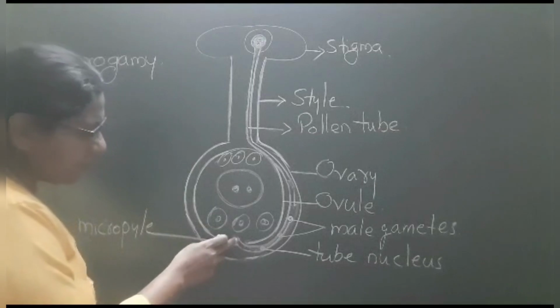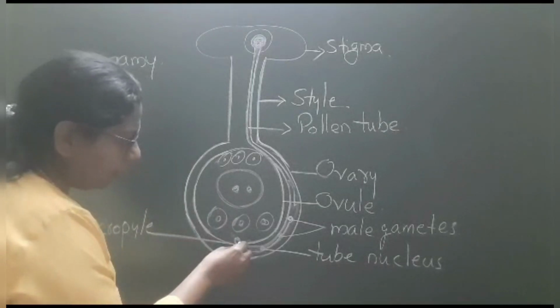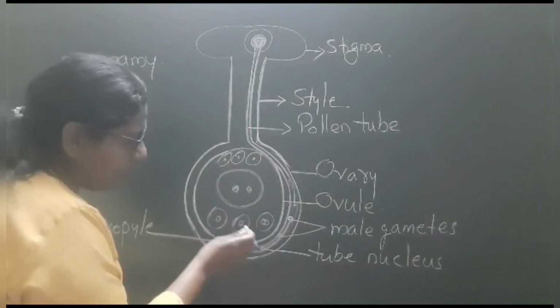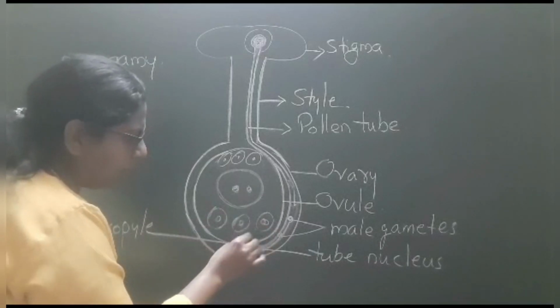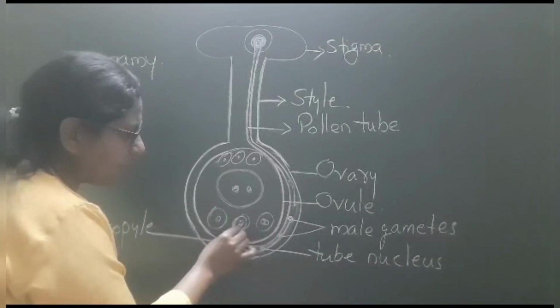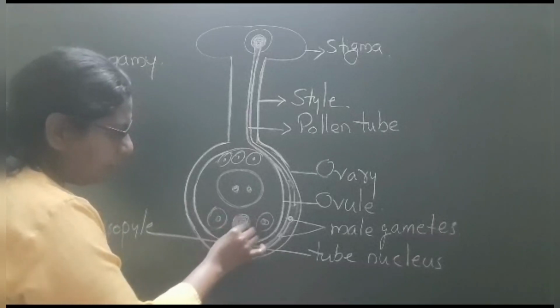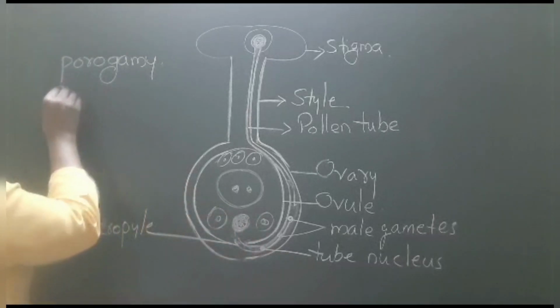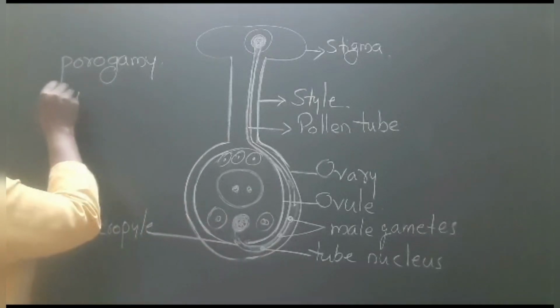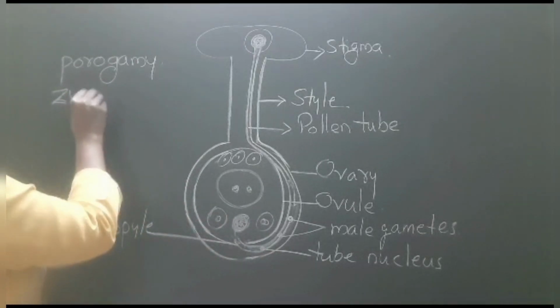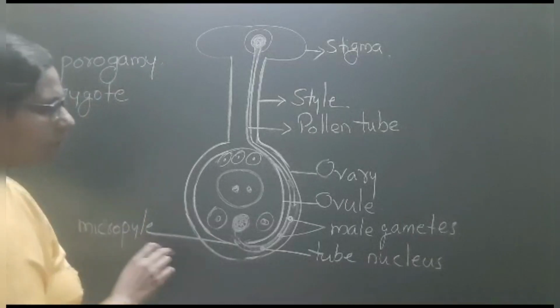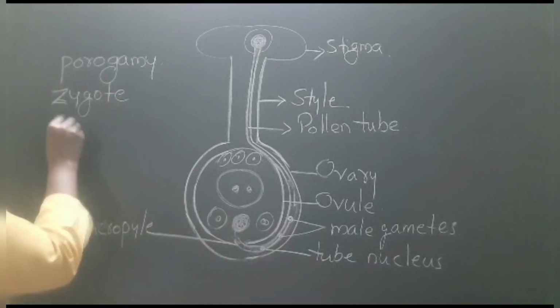Once it reaches inside the ovule, this tube penetrates and then one male gamete goes to this egg which is here and fuses with this egg and forms zygote. That process is called syngamy.